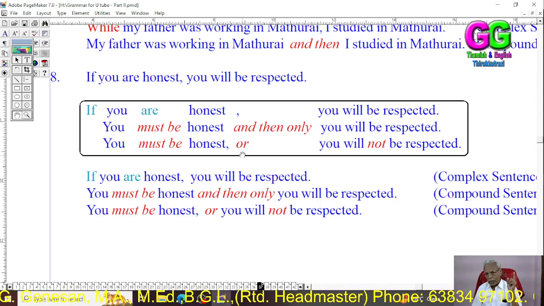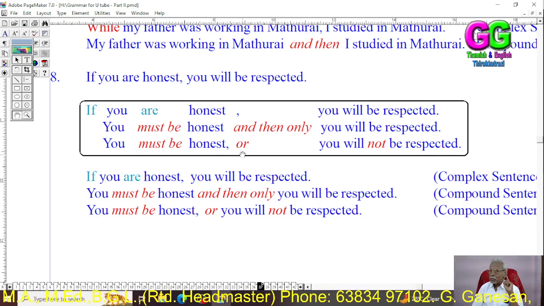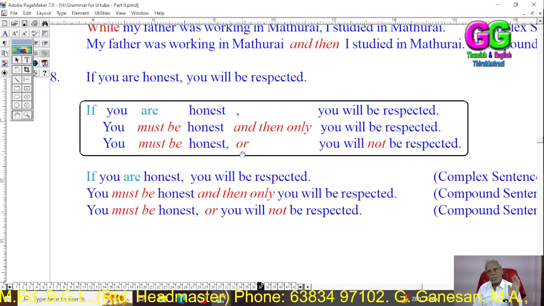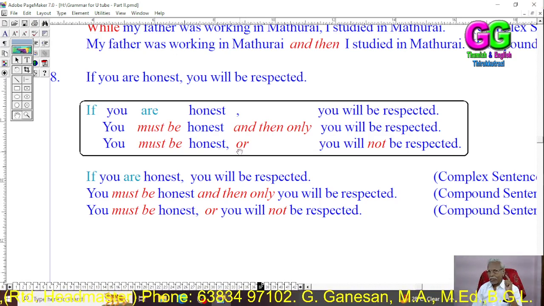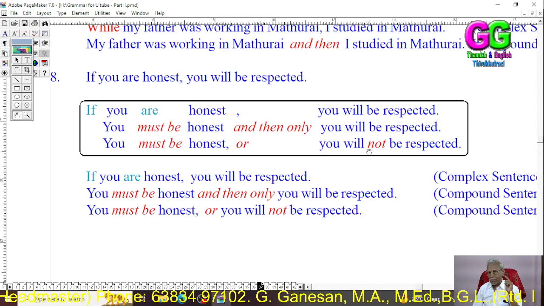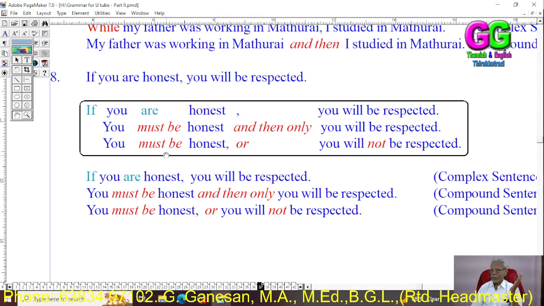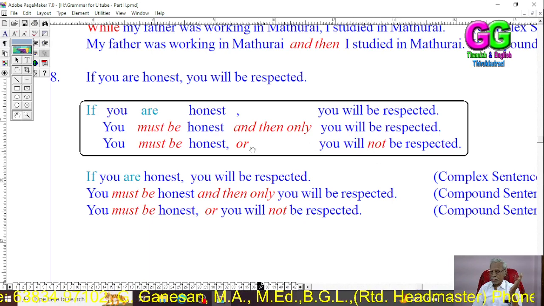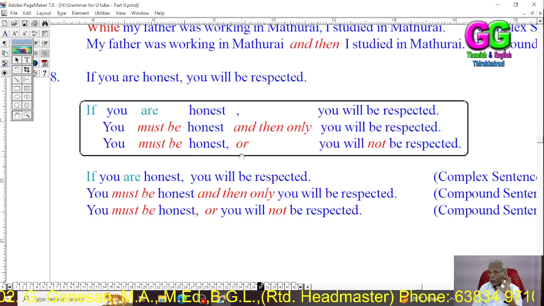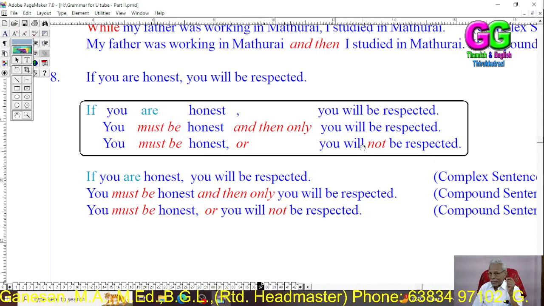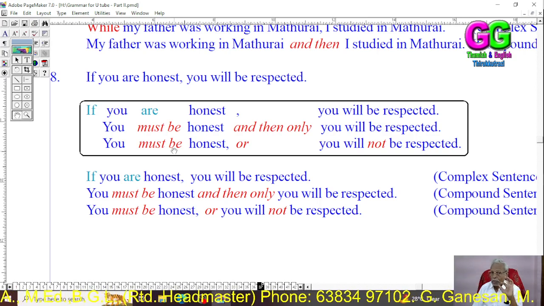When "otherwise" is the compound conjunction, the second sentence should be opposite in meaning to the first sentence.